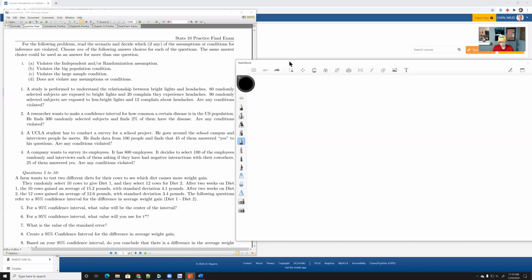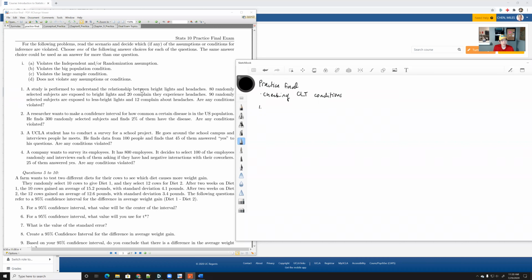So this will be from the practice final, checking central limit theorem conditions. Let's do number 1 here.